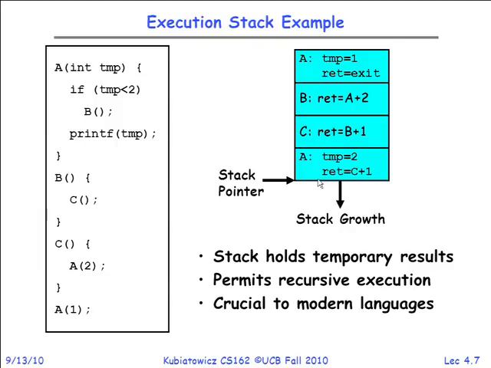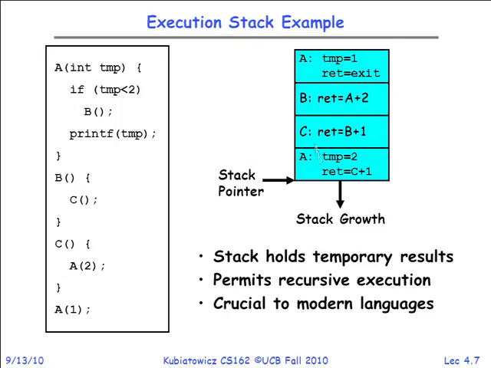The reason is that if you call A of 1 and it calls B and B calls C and C calls A of 2, in that call chain we end up with A again, with a different variable temp. As we're calling, we're allocating things on the stack, and as we're returning, we're popping them off the stack.